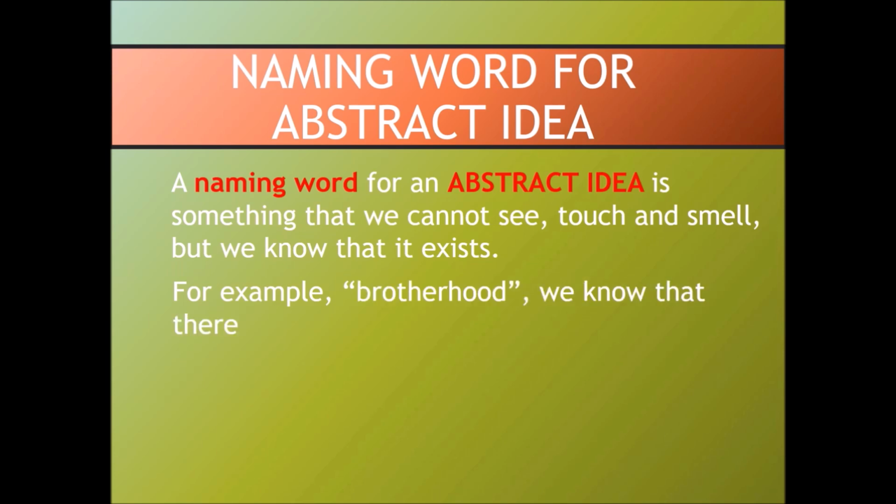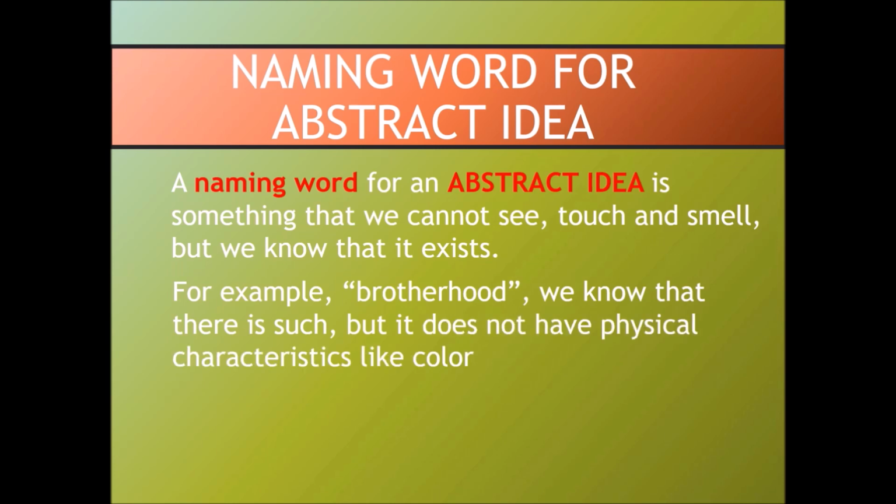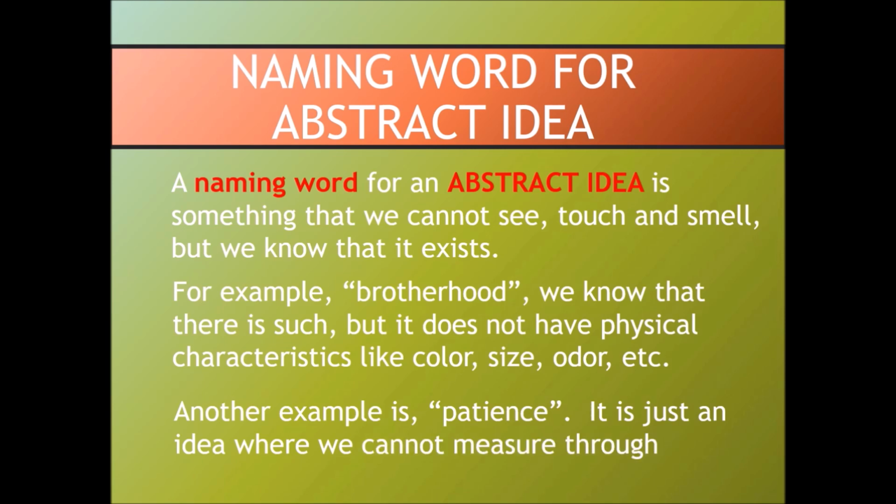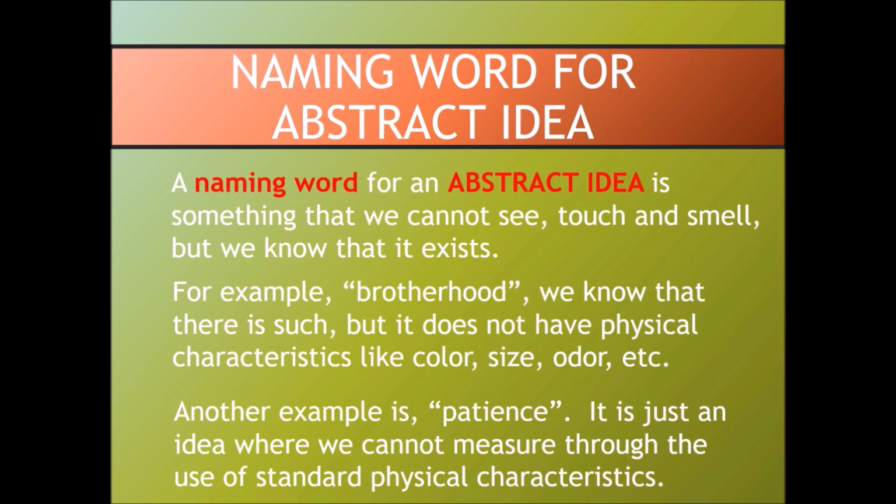We know that there is such, but it does not have physical characteristics like color, size, odor, etc. The second one is patience. It is just an idea which we cannot measure through the use of standard physical characteristics.